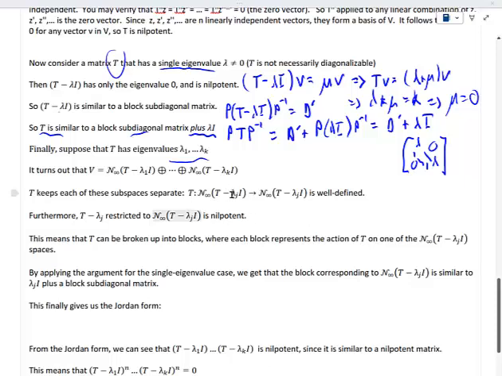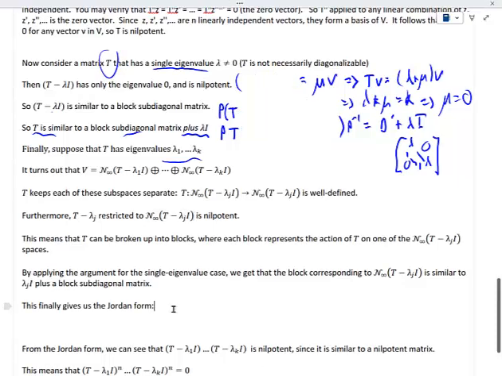As I said, the different subspaces stay separate, so they correspond to different blocks on a block diagonal matrix. By applying the argument for the single eigenvalue case on each of these subspaces, we get that the block has this form. So this finally gives us the Jordan form, which I can write out something like this.